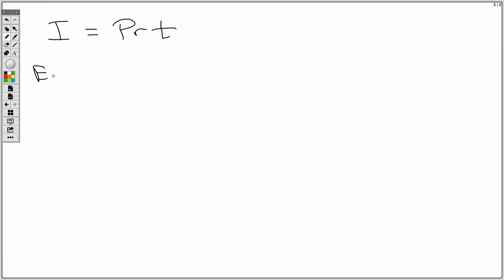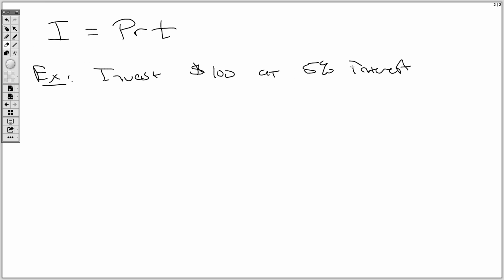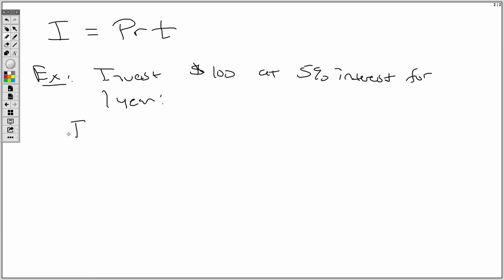So for example, if you invest $100 at 5% interest for 1 year, the interest I would get would be the principal, the amount you're investing, so that's the $100.